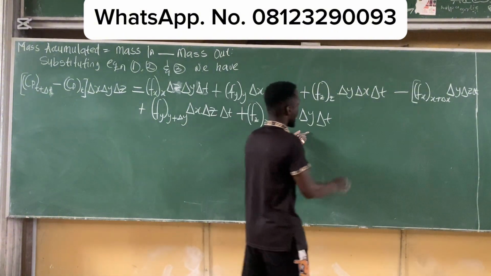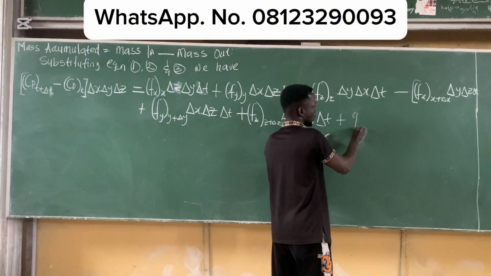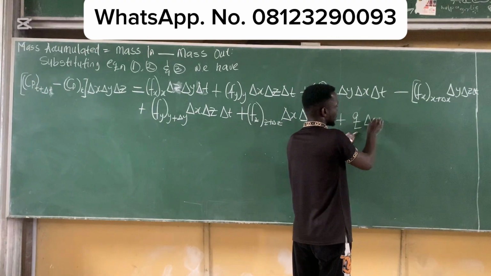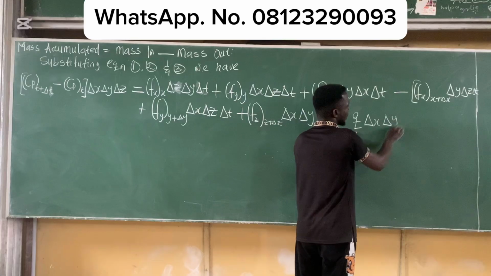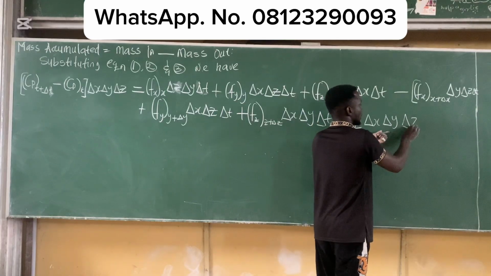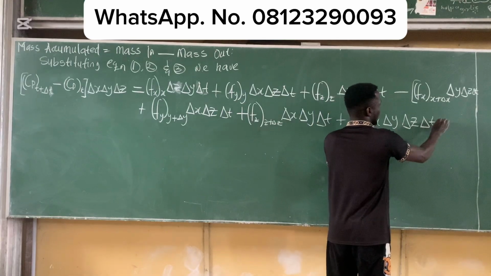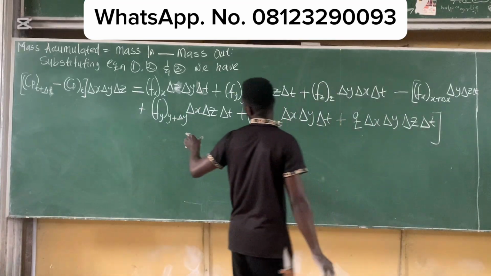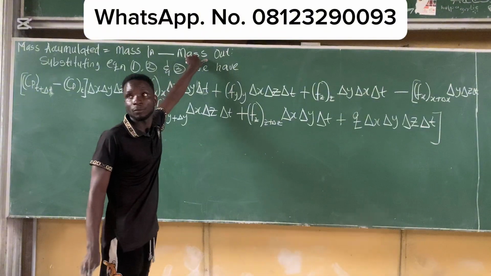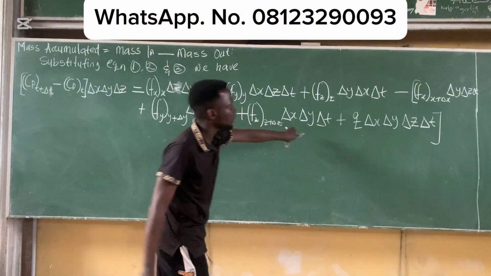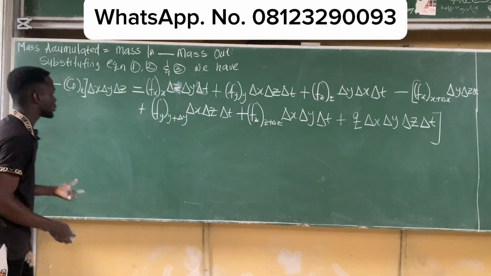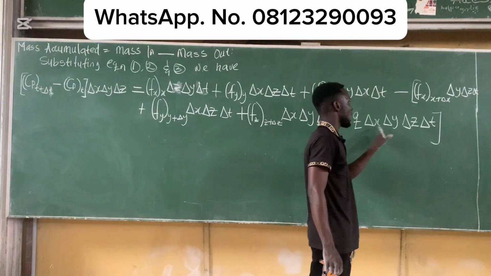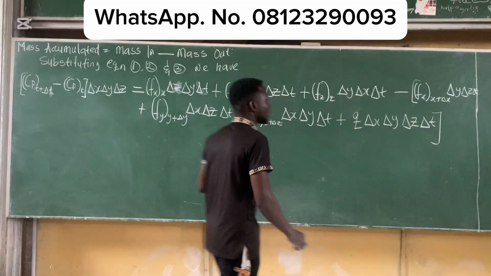Then we now have plus q times delta x, delta y, and what? Delta z, delta t. Now we have this. Now from here to here becomes our mass flow out. So if this is our mass flow out, the next step now is to divide through by the coefficient of q, which is the x, the y, the z, and the t.